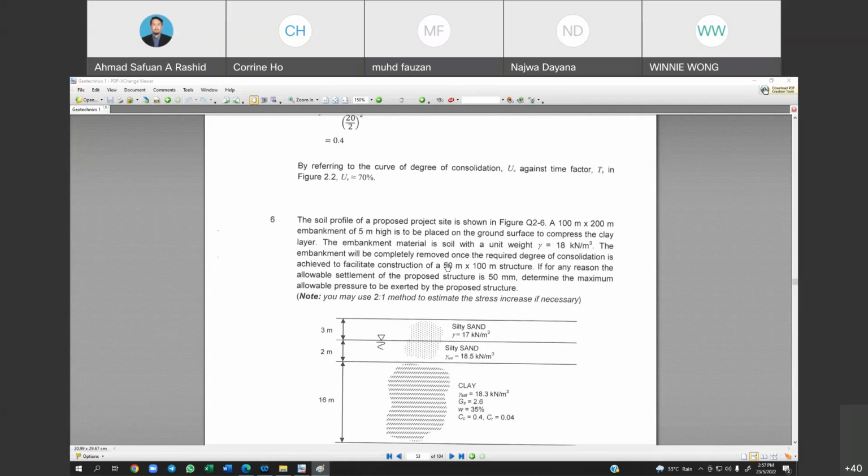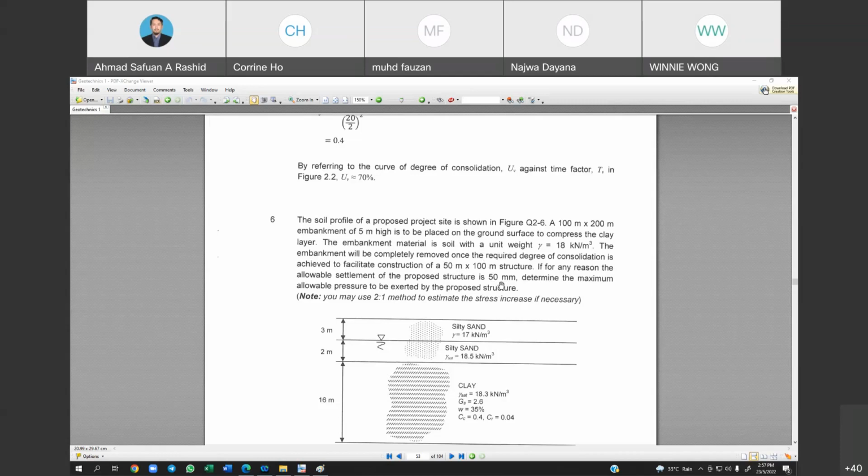So berapa nilai pressure daripada 50 times 100 structure tersebut. Yang mana dia hanya allow 50 millimeter of settlement. So kita ada satu area yang mana ada building. Betul, 50 millimeter tu adalah allowable settlement.